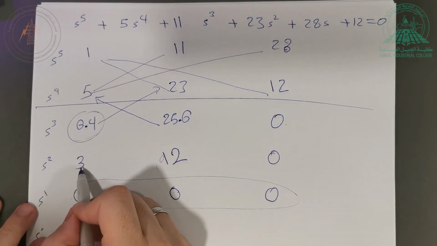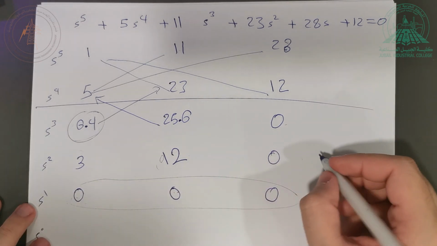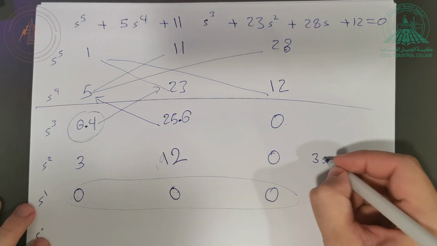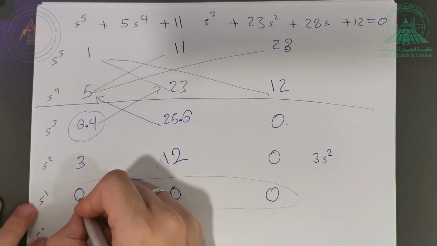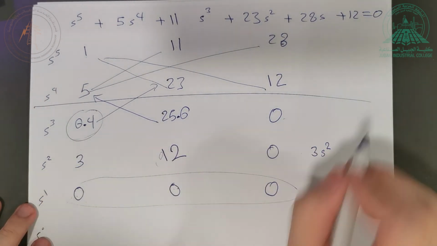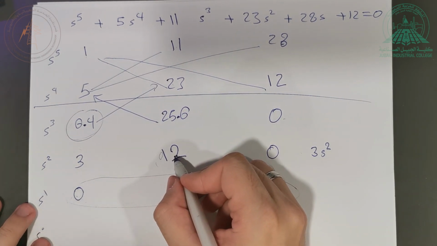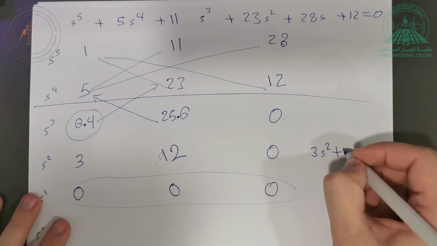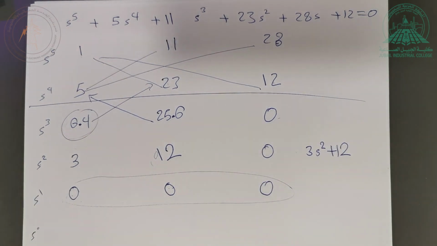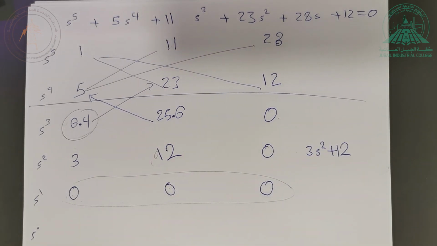Same thing here: this is equal to 3 s squared plus 0 s, which is 0, plus 12 constant. So I put plus 12. This is my auxiliary equation that I'm going to use.